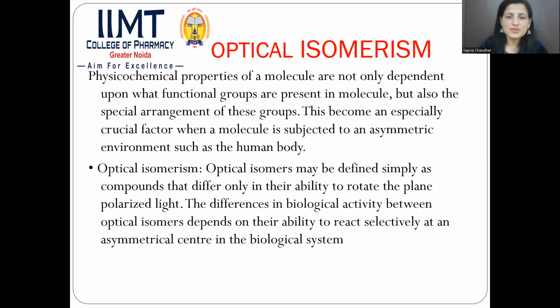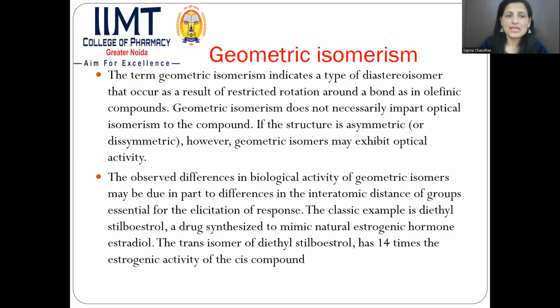Optical isomers can be defined simply as compounds that differ only in their ability to rotate plane polarized light. The differences in biological activity between optical isomers depend on their ability to react selectively at an asymmetric center in the biological system. Geometrical isomerism.